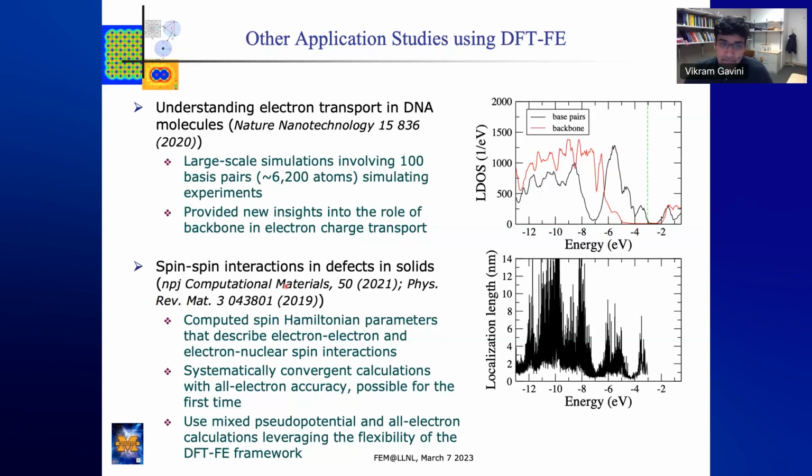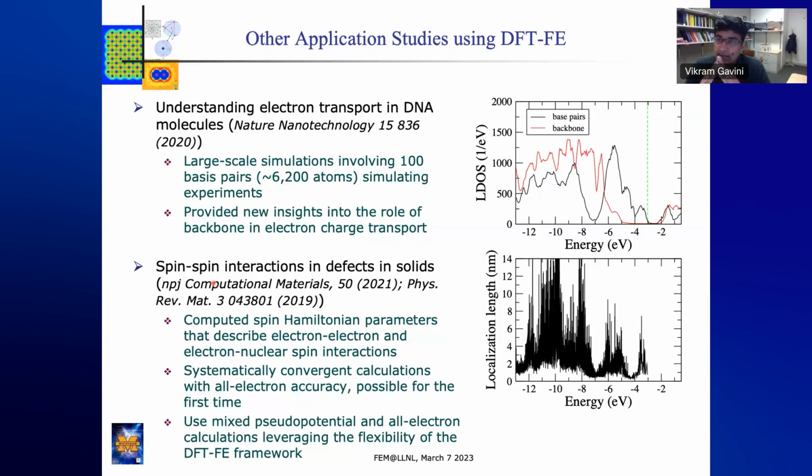And in this work, which was a collaborative work with Julia Gali, they were interested in understanding or computing spin Hamiltonian parameters because they were interested in understanding the coherence timescales of spin qubits. And computing spin Hamiltonian parameters is a very challenging aspect because existing basis sets, which are primarily Gaussian or augmentations to Gaussian basis sets, do not describe the electron cusp right near the nucleus.